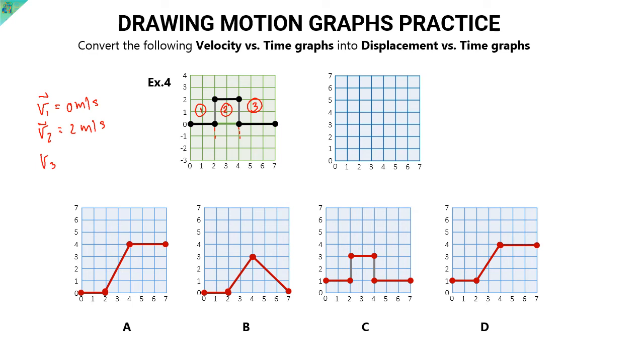Meanwhile, on our situation 3, it goes back to 0 meters per second. So the only thing that has an area here is 2, right? And again, the formula, the area on a velocity versus time graph means displacement.